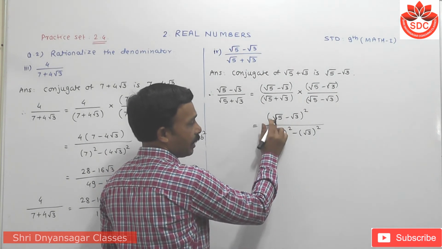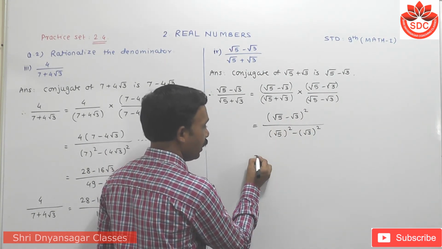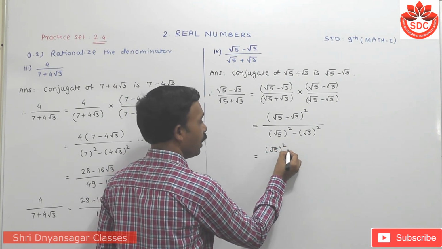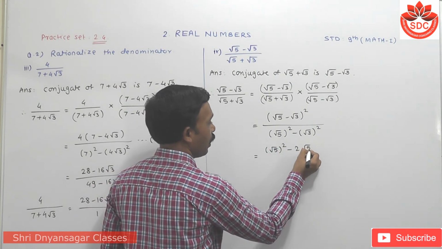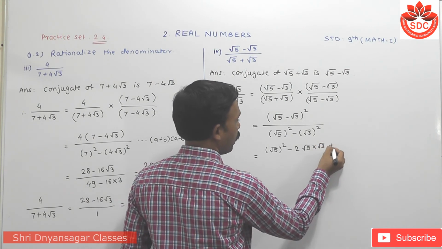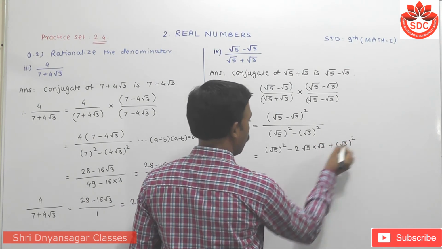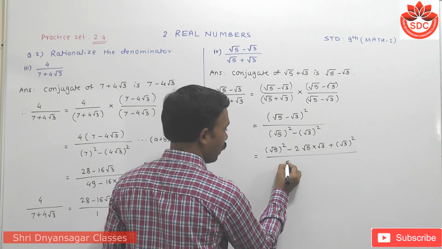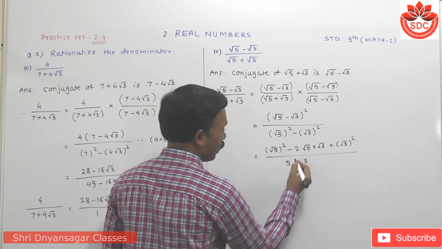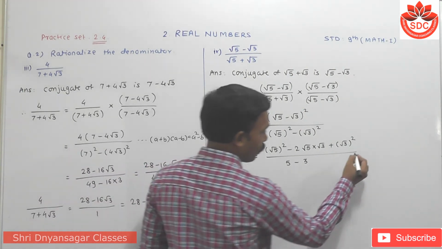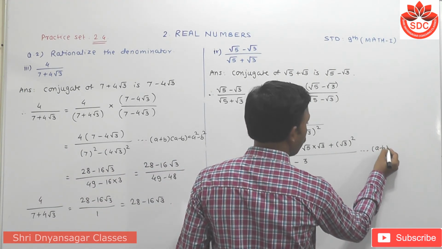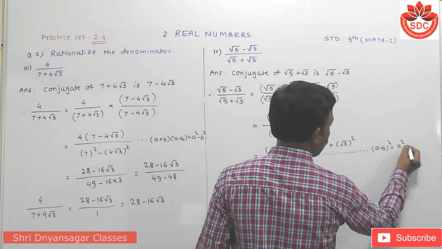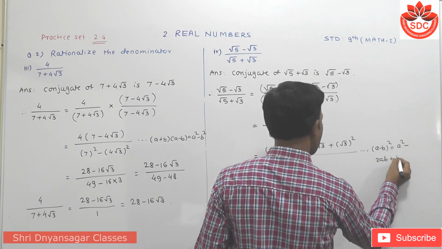Student, this is by using the identity a minus b bracket square, and this identity is a square minus 2 into a into b plus b square. Upon a square minus b square, where a square is 5 and root 3 square is 3. Now here I have to use this identity also: a minus b bracket square is equal to a square minus twice ab plus b square.